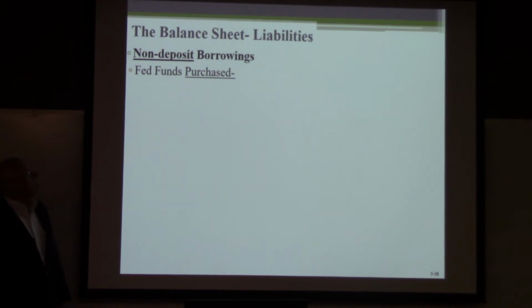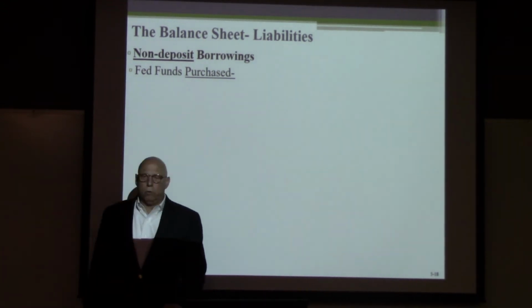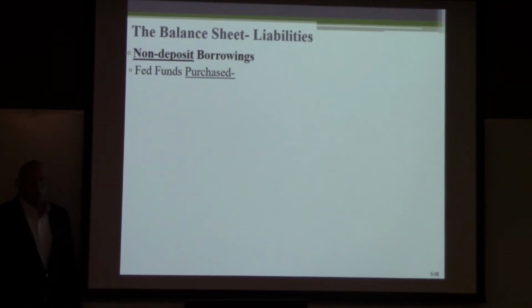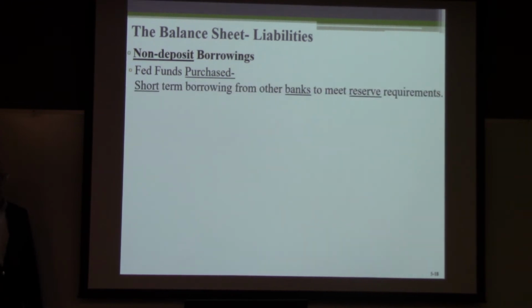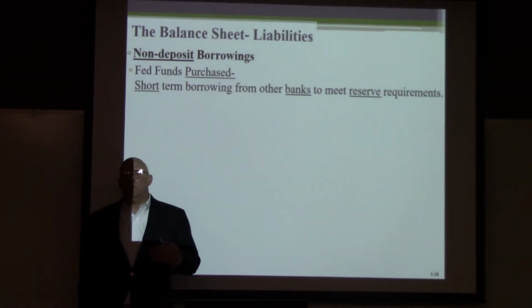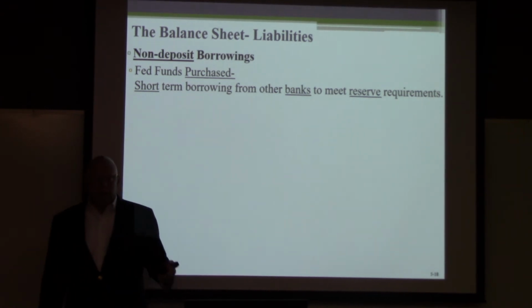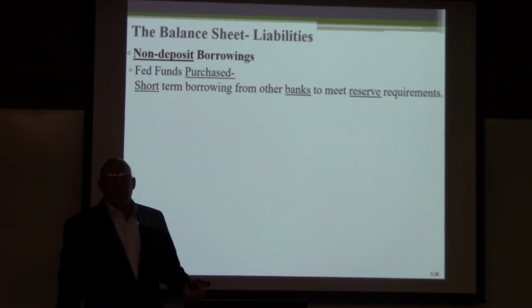All right. Then we have non-deposit borrowings. We'll start with Fed funds that are purchased. If a bank purchases Fed funds, they are borrowing: short-term borrowing from other banks to meet reserve requirements. If a bank at the end of the day finds that they are below the amount required to be held on reserve, then they will reach out to other banks and borrow.